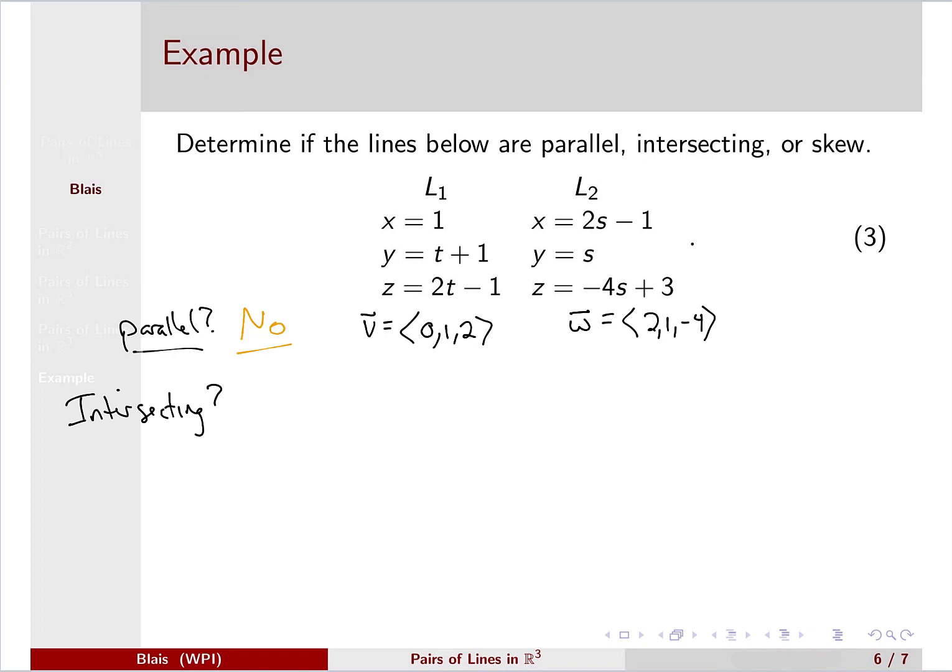So we have x equals 1 and y equals t plus 1. And we have x equals 2s minus 1 and y equals s. We then set these equal to each other to solve them simultaneously.